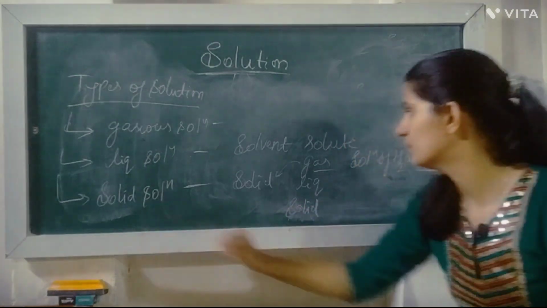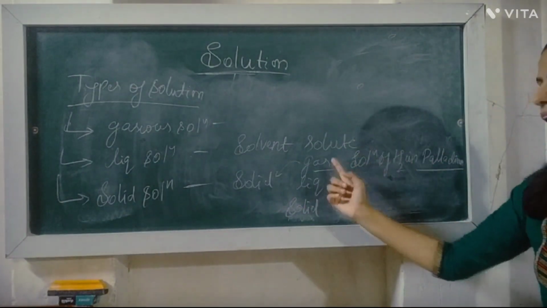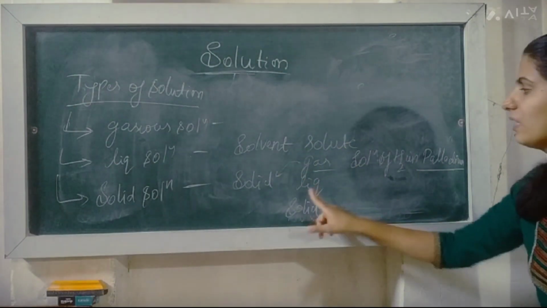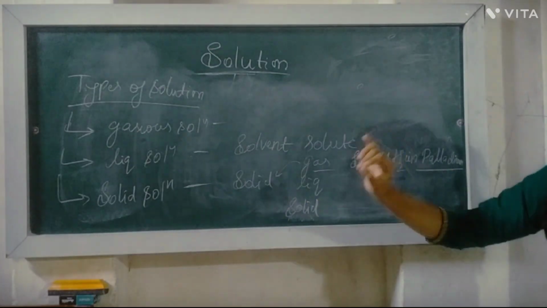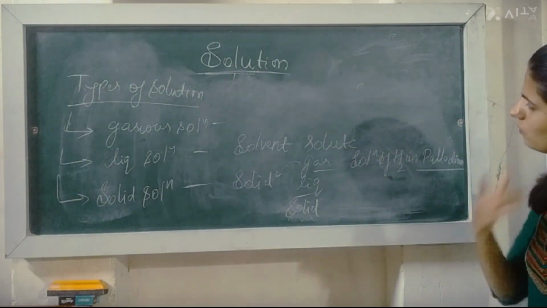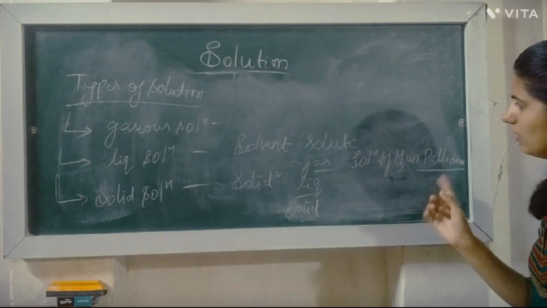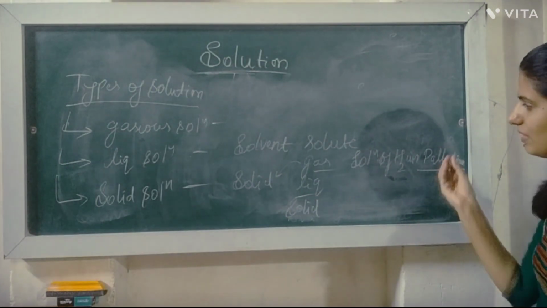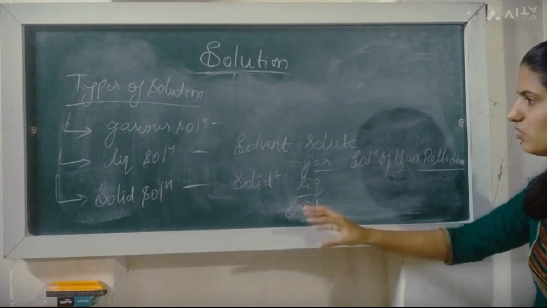Then we'll move on to liquid in solid. So liquid in solid, what could be an example? When we dissolve a liquid in a solid, we should get a solid solution again. So the liquid is mercury.